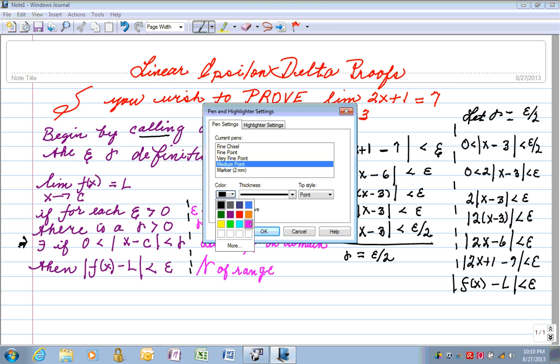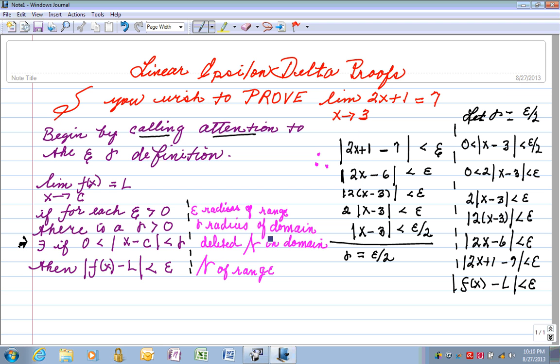Let's choose another purple. I'm going to add a little statement to this, and I can say this is of the form the absolute value of f of x minus L less than epsilon, meaning I got to my then statement.